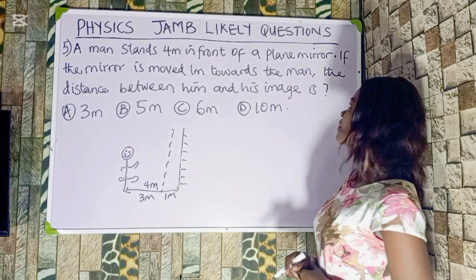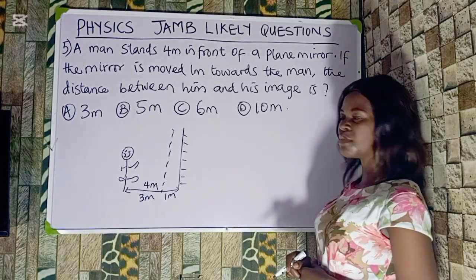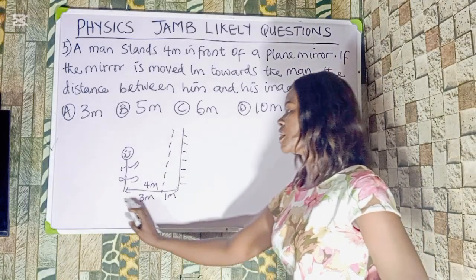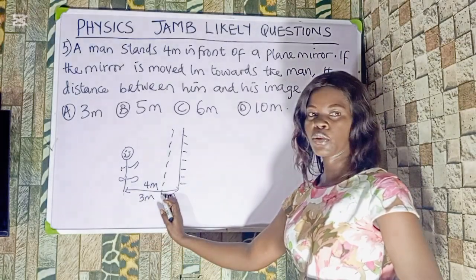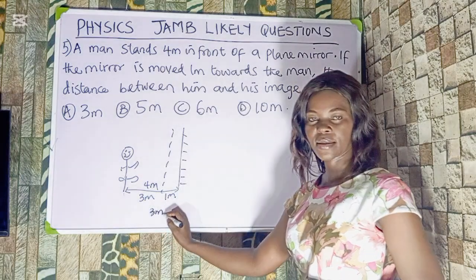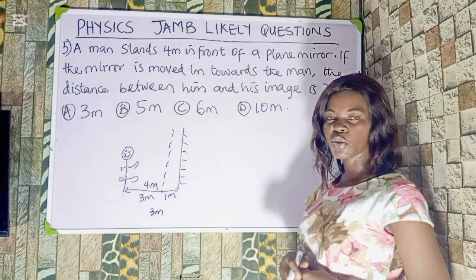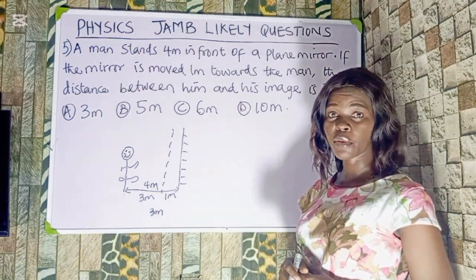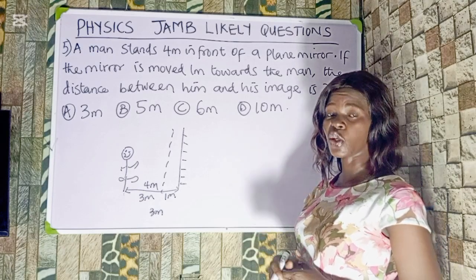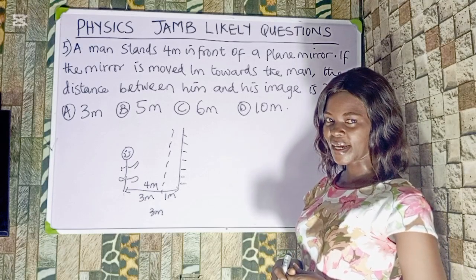So the question is, the distance between him and his image is what? Now, this is the object and this is the mirror. So the distance from here to here is 3 meters, right? Then if the distance between the object, which is the man, and the plane mirror is 3 meters, that means the distance between the mirror and his image is also 3 meters. Is that clear now?